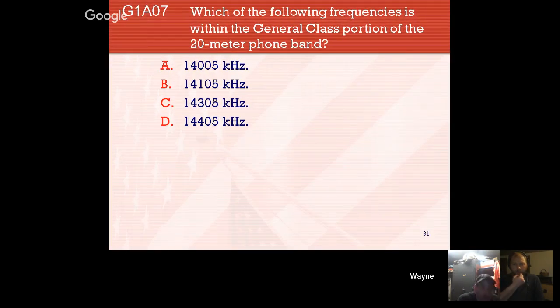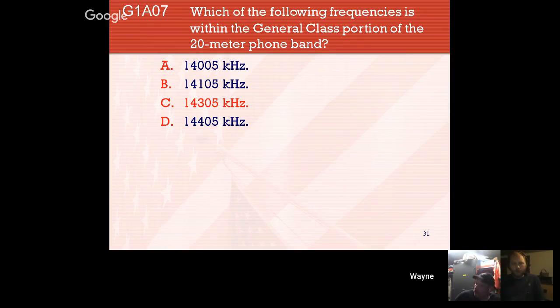Which of the following frequencies is within the general class portion of the 20-meter phone band? So I automatically know. I mean, you could divide 20 meters into 300, and you come up with something like 14,305. So that's within the general class portion.